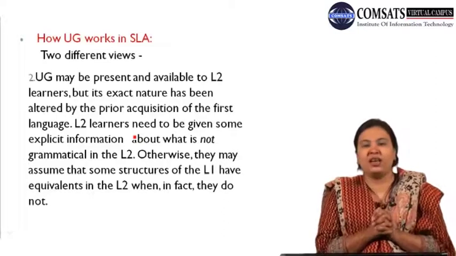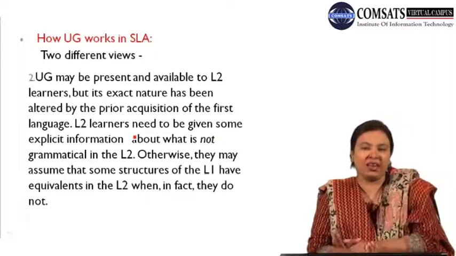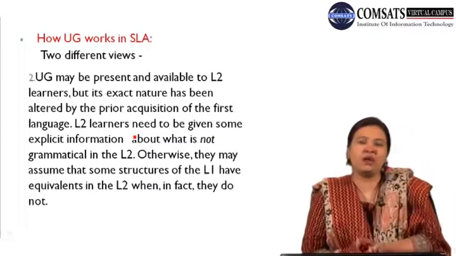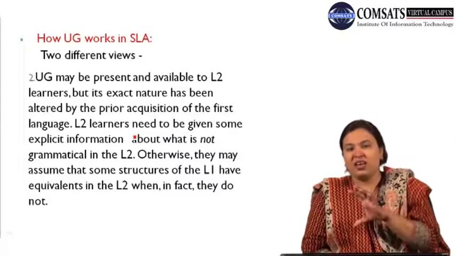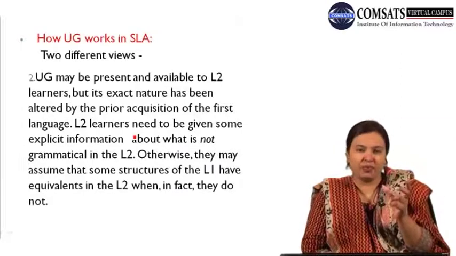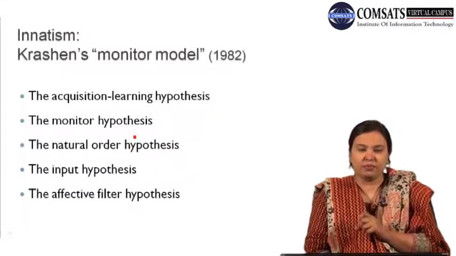But as I mentioned in the beginning, in innatism one model is very important and is usually used by linguists to describe second language acquisition with respect to nativism theory, and that is Krashen's monitor model.